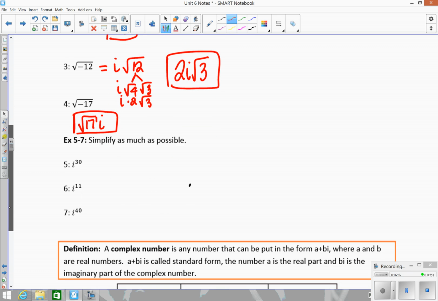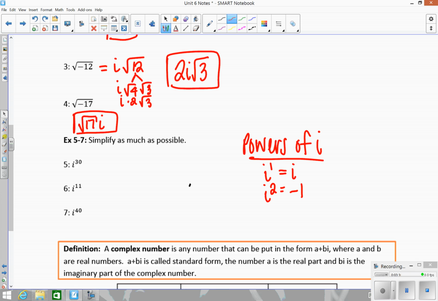Another thing that we can do with i is break down higher powers, because if you look at the powers of i, meaning i to the first, well, that's just going to stay i. I to the second we saw up top was -1, because the square root of -1 is i, so if you square both sides, you get i squared equals -1.